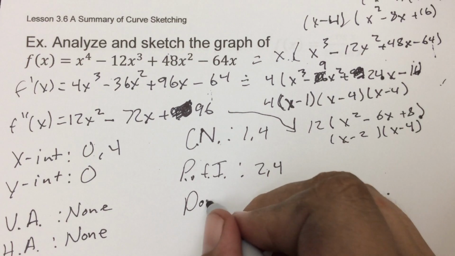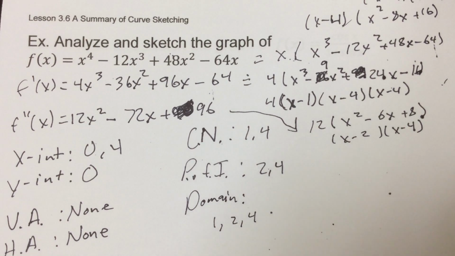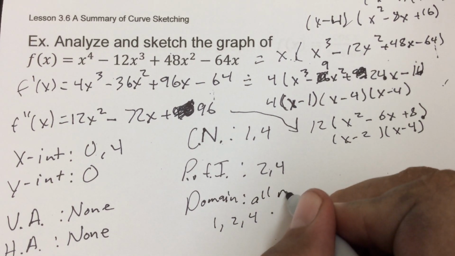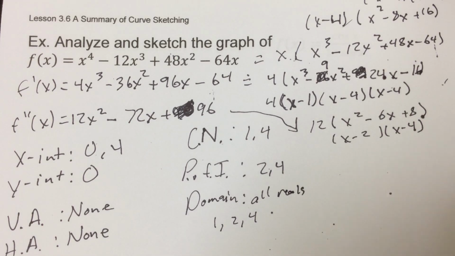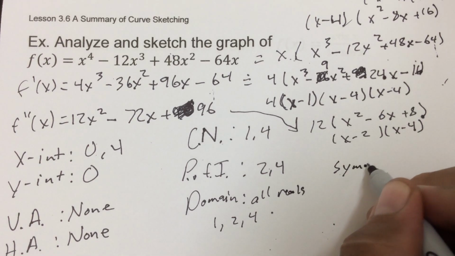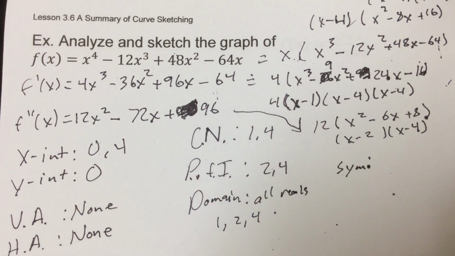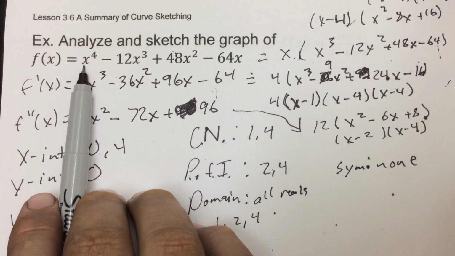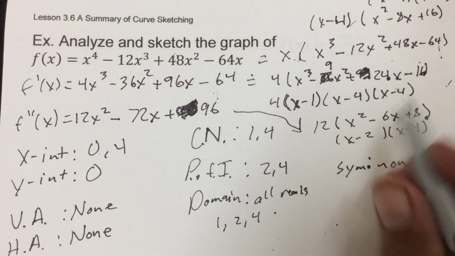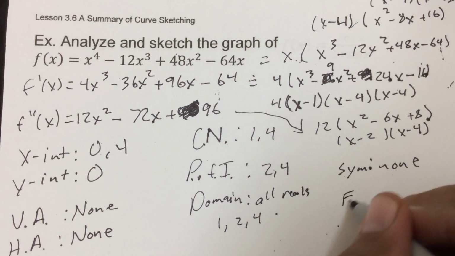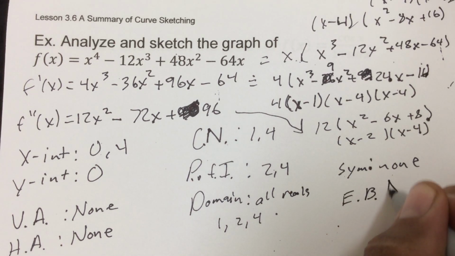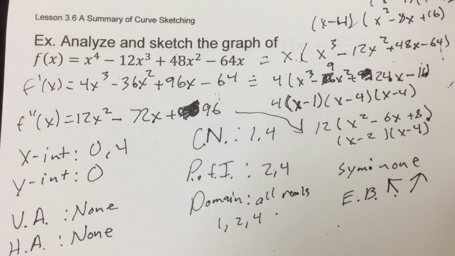Now as far as domain, well, domain's going to be all reals. So we're going to break it up by that. As far as symmetry goes, we have even, odd, so that's some of both, so it's none. And then as far as end behavior goes, our leading coefficient is to the fourth, so our end behavior is both going to be going up.